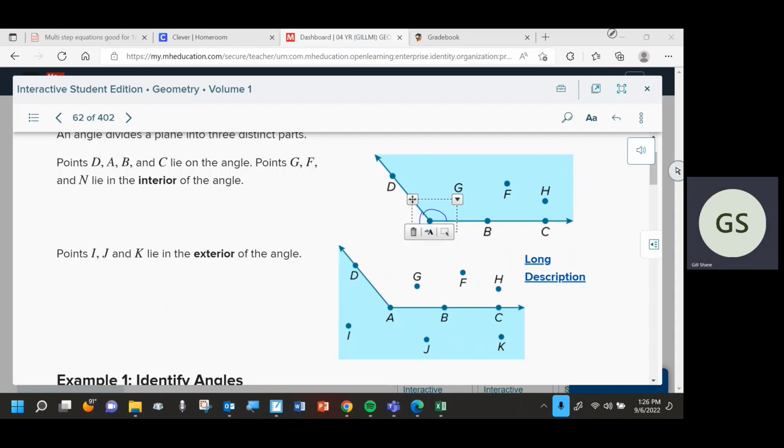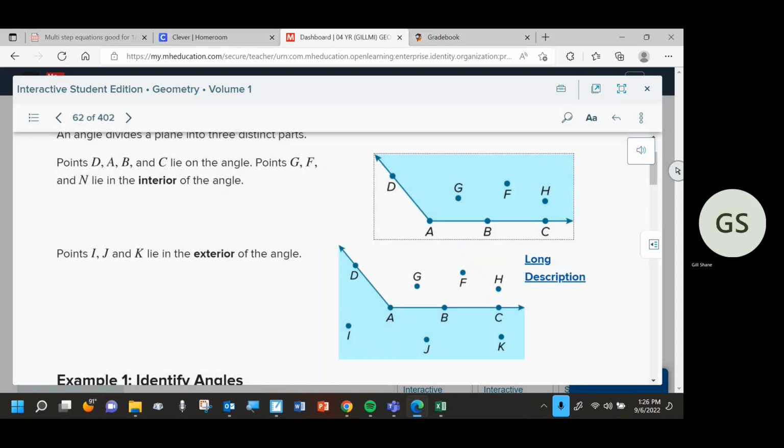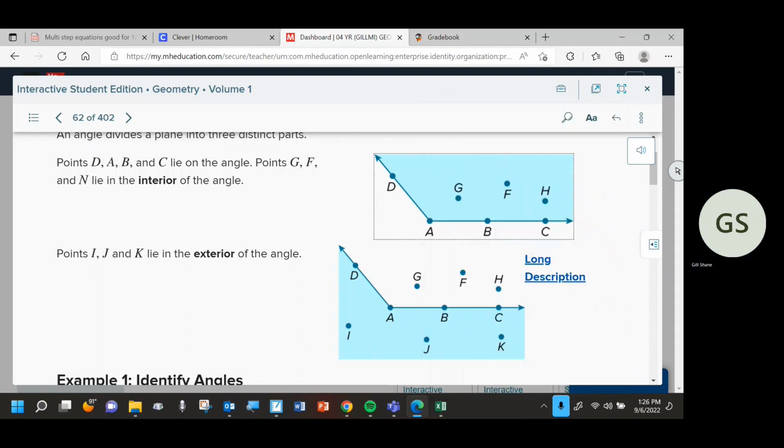Oh, it's actually saying the points lie, and I didn't even go over this in the last class. Oh, that was cool, what I did there? Somehow I zoomed in. I know, I didn't even touch it. Weird.